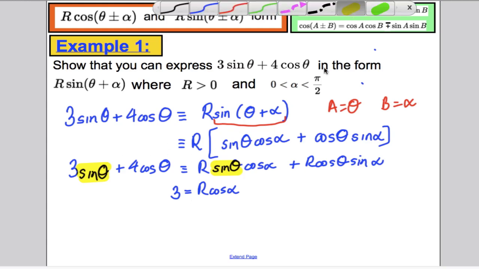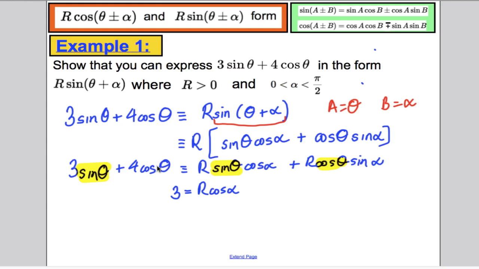And we could be clever and do the same thing with cos theta. In order for this identity to work, it must be true that 4 must be equal to r sin alpha. And we've got two simultaneous equations that we could use to find the r and the alpha that make these two true. If we did, we've then found the r and the alpha to have this expression in the right form over here.